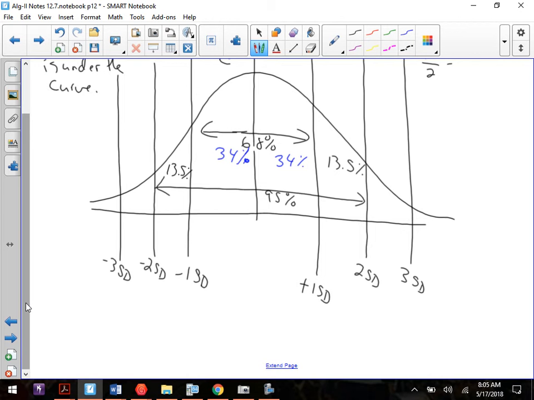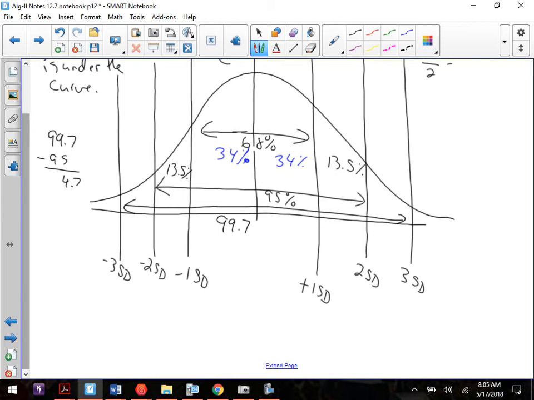Within 3 standard deviations is 99.7. So once again, if you take the 99.7, subtract the 95, you're left with what? 4.7?